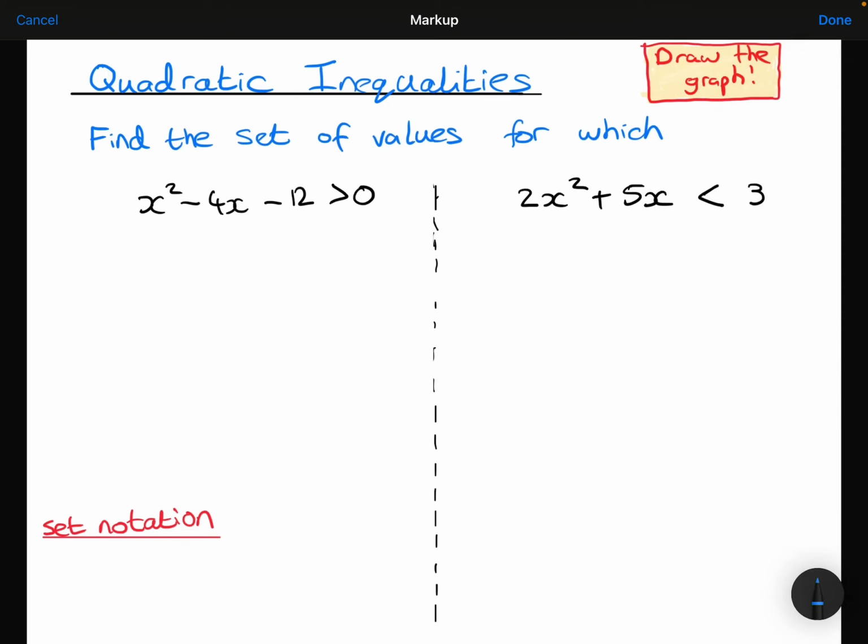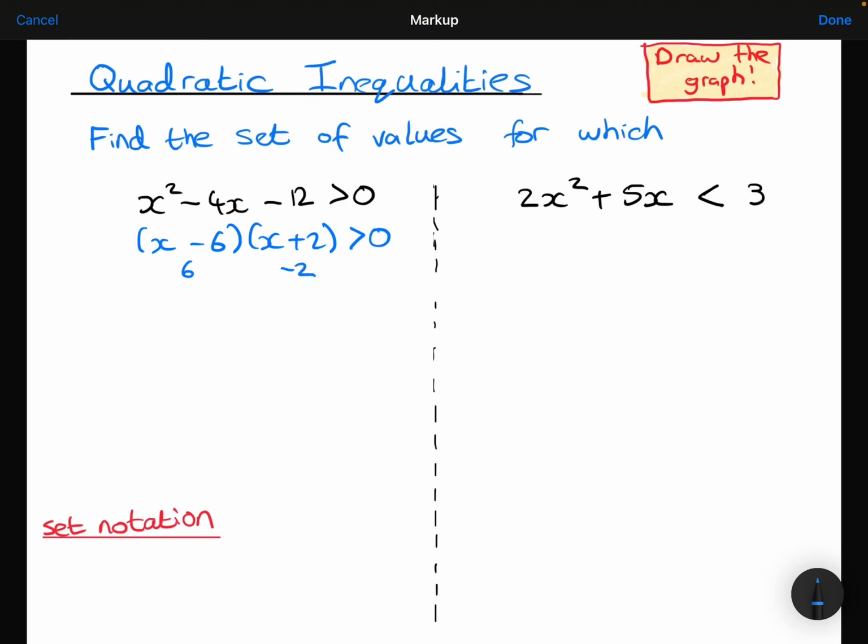So, we've got the quadratic inequality x squared minus 4x minus 12 is greater than 0. I'm going to factorise this to begin with. Like that. And now I can see from that I've got a root of 6 and a root of minus 2.